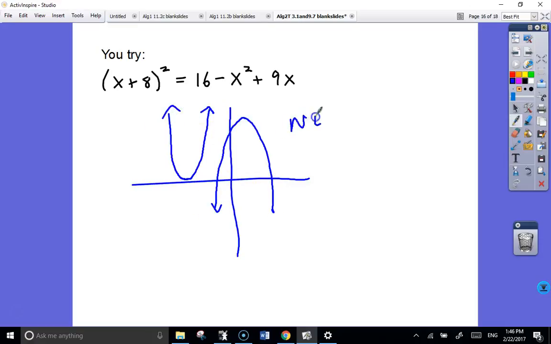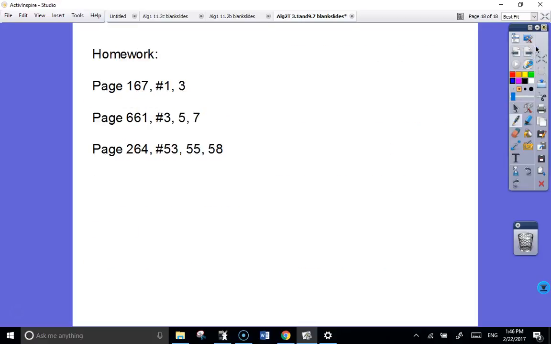So no solution. The whole point of the homework is to use the calculator here. Now we only have like 15 minutes left. And there's only, how many? 8 problems, which you might get done. If you don't get done, then we'll start class next time and you'll get them done then.